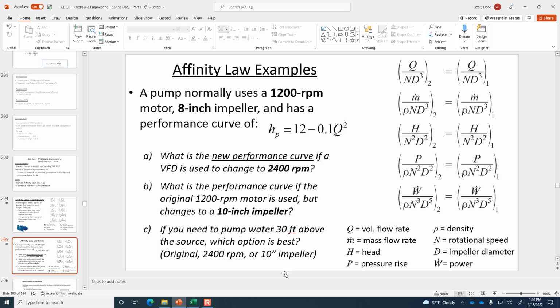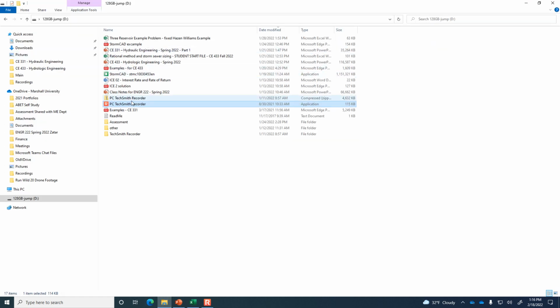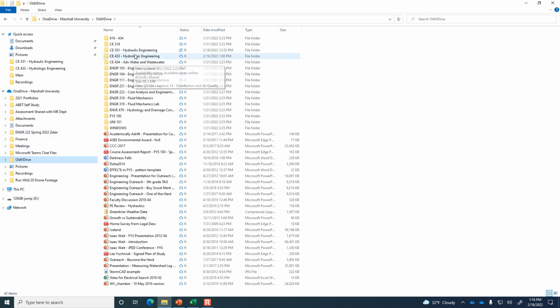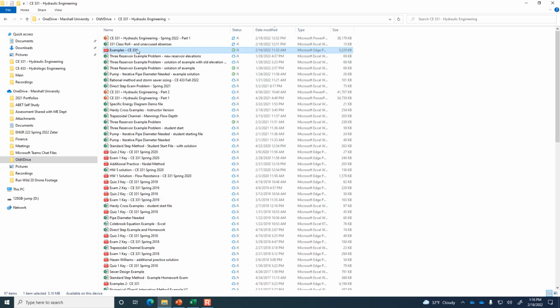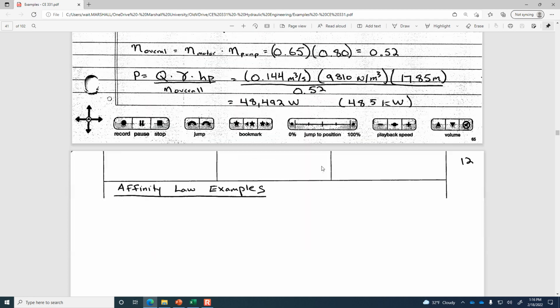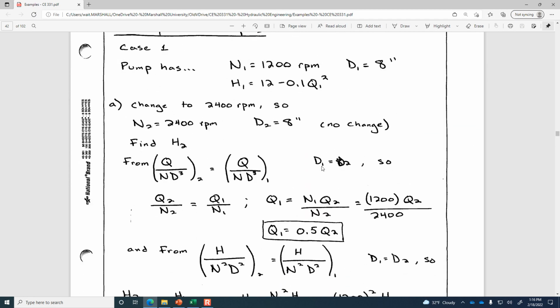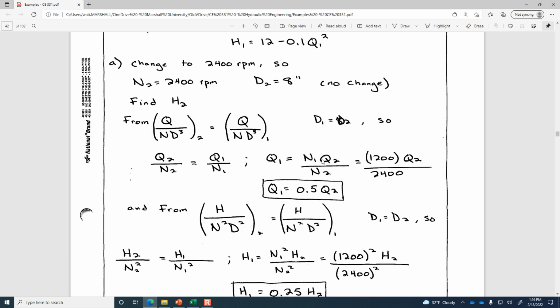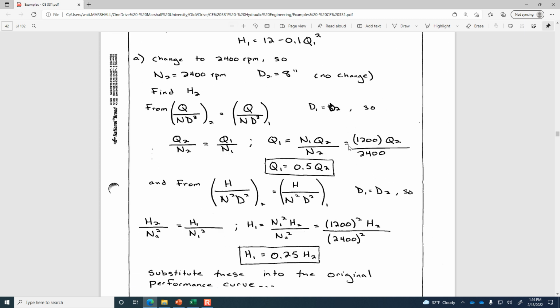Let me bring this up on the screen so far just so that the solution is integrated with the video. Okay, this is where we're at so far. So what we're going to do is substitute both of these, the ratio of Q1 and Q2, and the ratio of H1 and H2, into our original formula that's up here at the top.